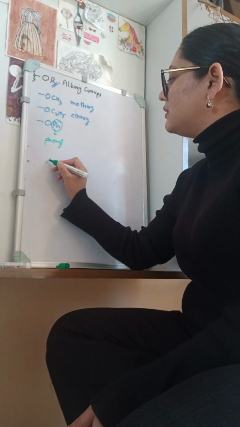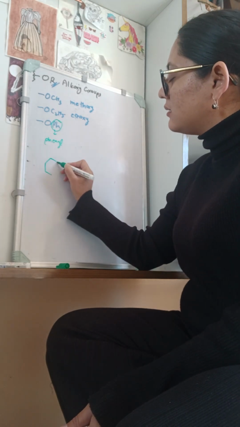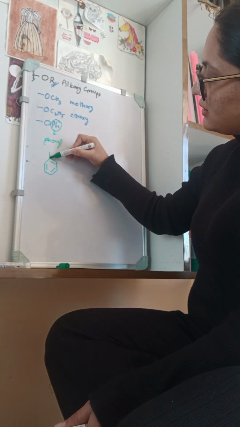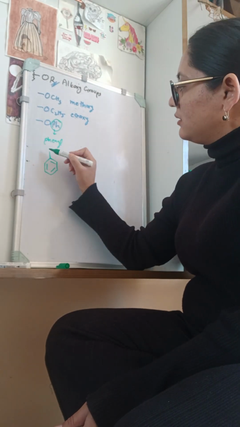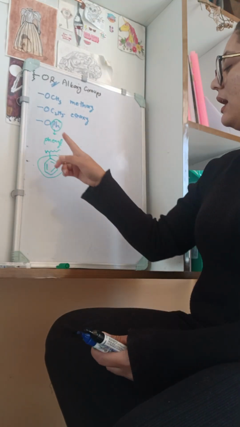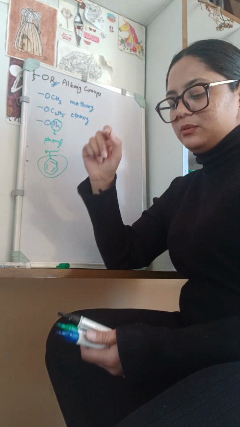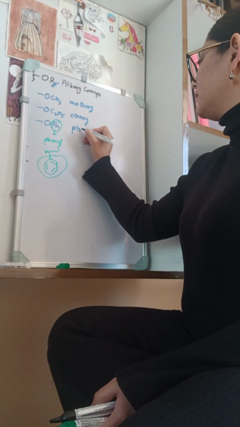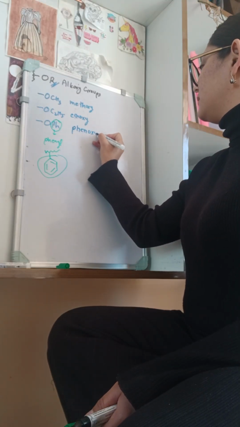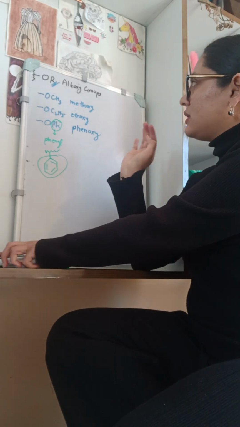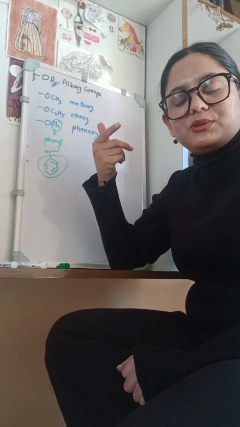Phenyl is basically a benzene ring which has one valency open to connect. This is the phenyl group, and OPh will be called phenoxy. And these are the primary prefixes, which are the substituents.